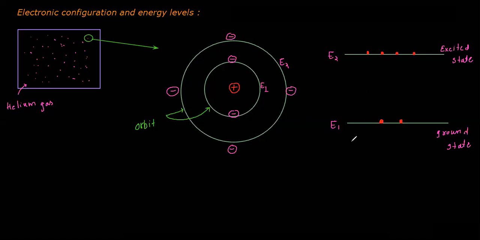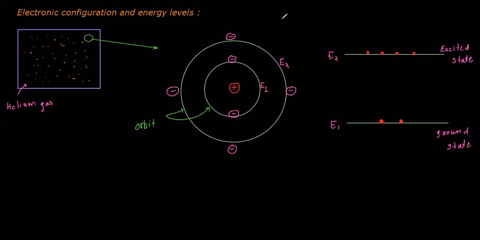Now this is the representation of these electrons, and how many electrons there are in the ground state matters. So we have to have some representation to show the quantity, how many electrons are there in the ground state. So we will introduce a word.